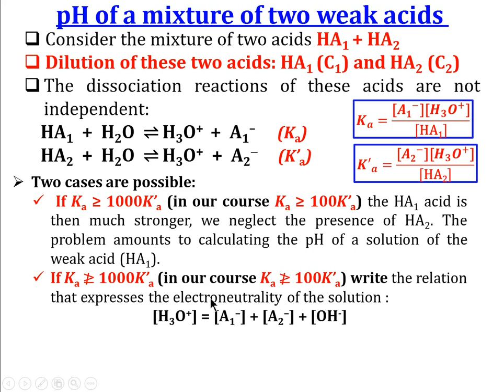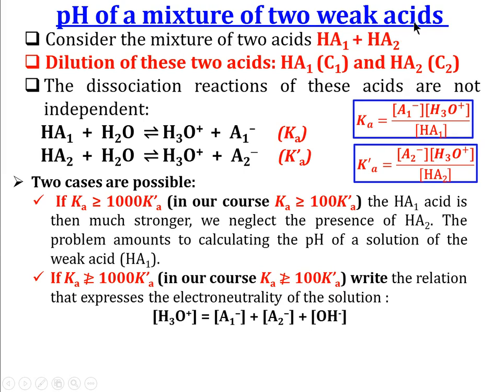So the principle of the electroneutrality, the quantity of positive charge is equal to the quantity of negative charge, will give concentration H3O plus equal 1 times A1 minus plus 1 times A2 minus plus 1 times OH minus. So H3O plus concentration equals A1 minus concentration plus A2 minus concentration plus OH minus concentration in the solution.